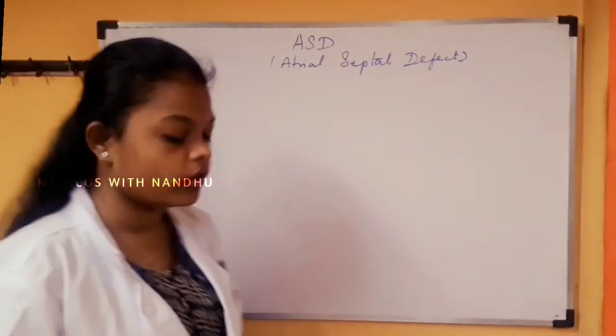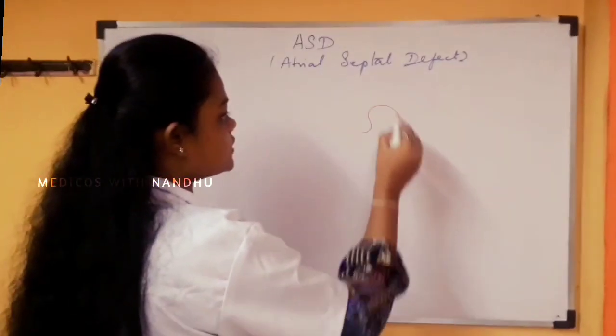For ASD, we should first know the normal circulation.